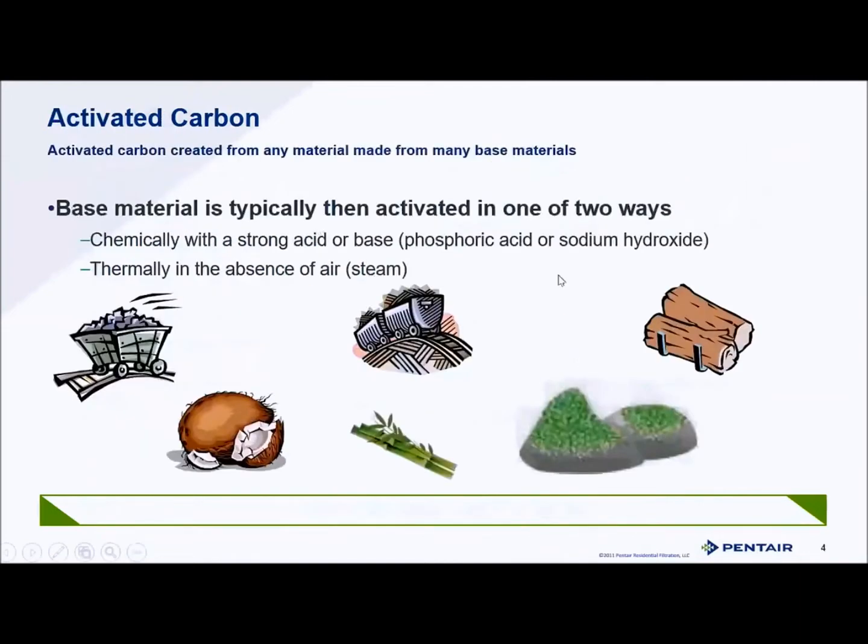So we want to choose the right tool for the right job in our filter applications or drop-in cartridges. Basically this is a raw material generated from natural products, whether that's coal, which is just layered organic material, lignite coal, coconut husks, bamboo, sawdust, wood, you name it. If it's an organic cellulose material that we can combust and turn into charcoal, we can turn it into activated carbon.